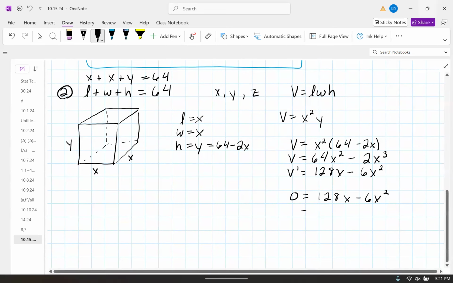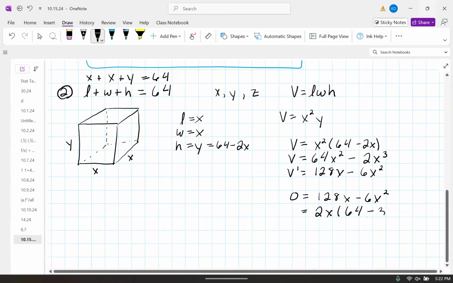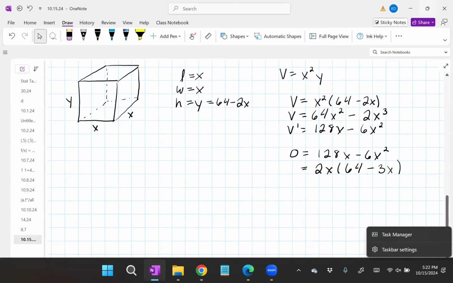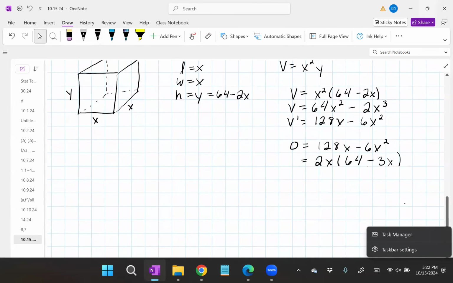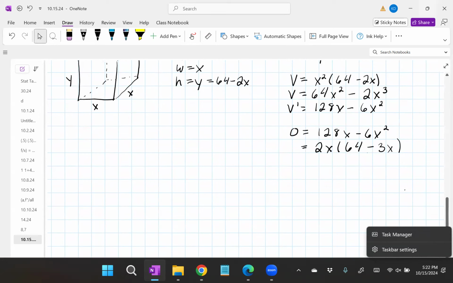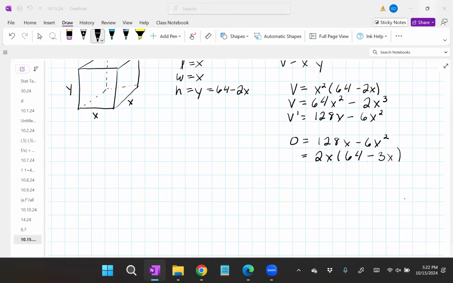No. So factoring, I get 2x times 64 minus 3x. Yes, thank you, task manager. Go away. It'll go away when it wants. So I take my derivative, I get 2x equals 0 or 64 minus 3x equals 0. Set them both equal to 0.